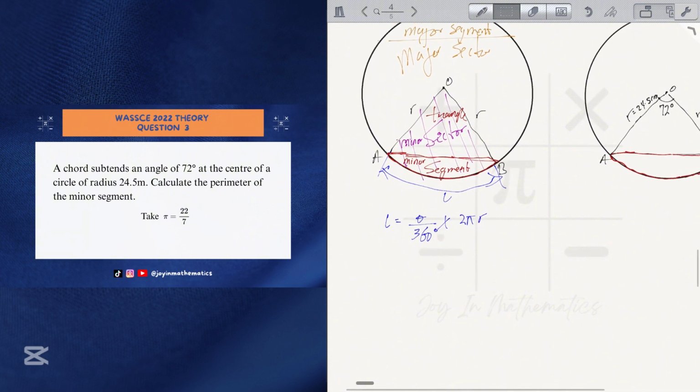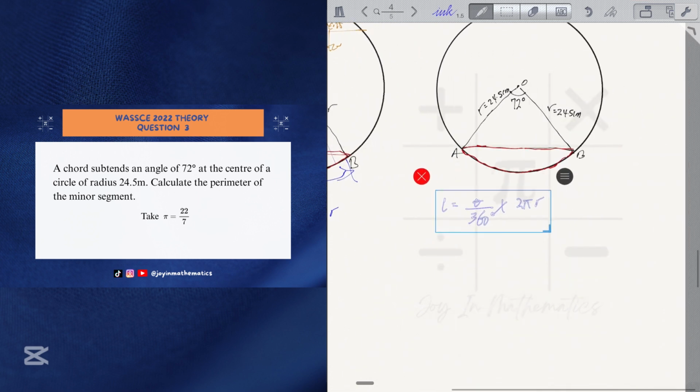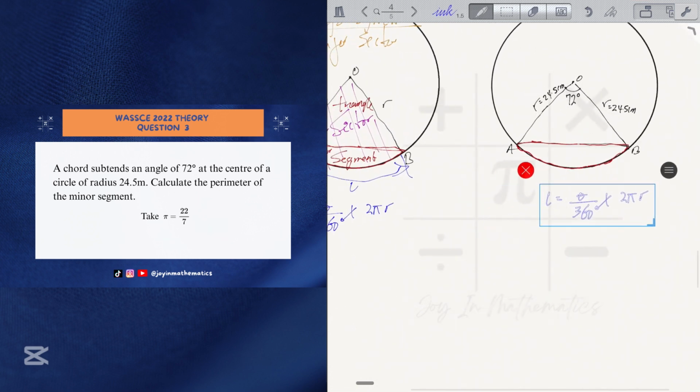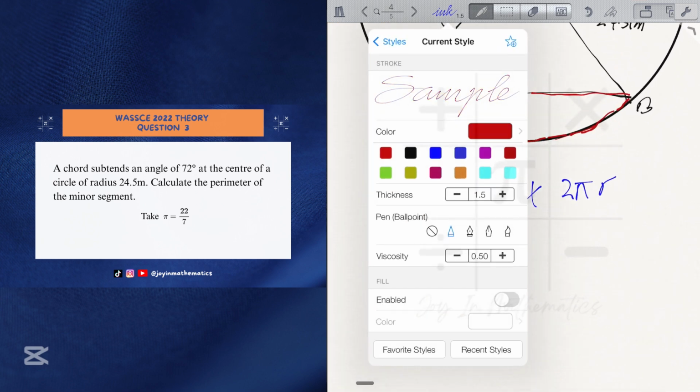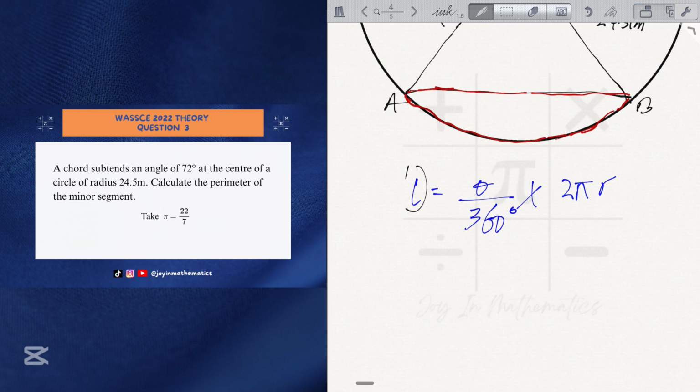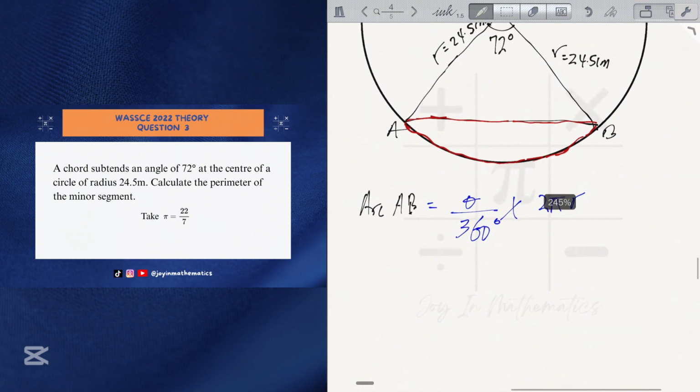So if I duplicate this here, we can find the length of arc AB. Instead of length L, I'll call it arc AB, which is equal to theta over 360 multiplied by 2 pi r.